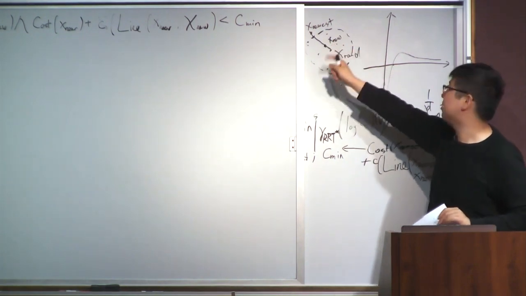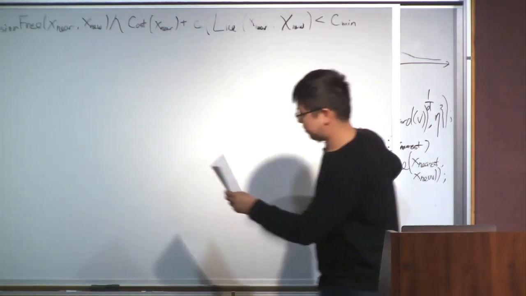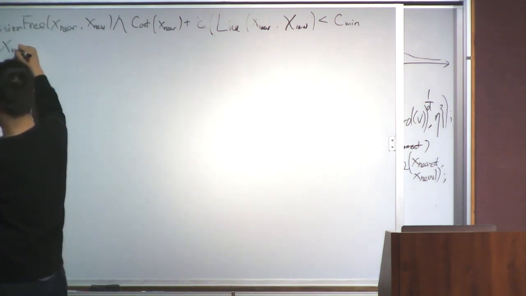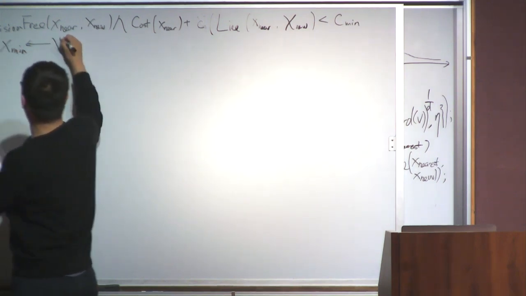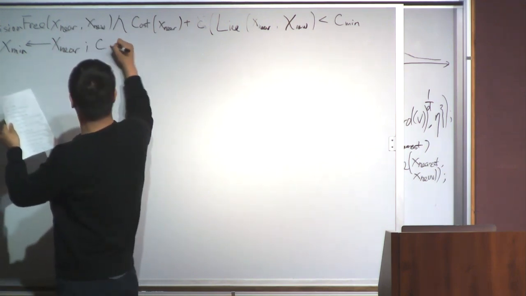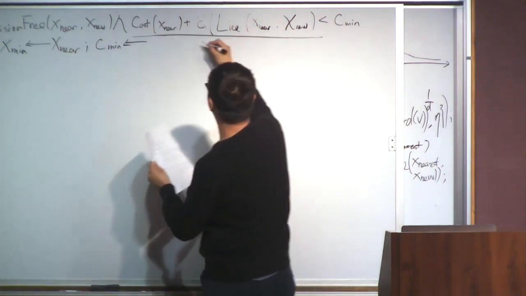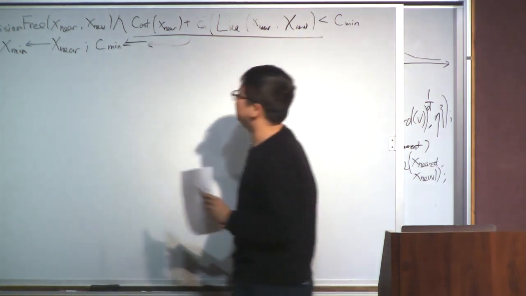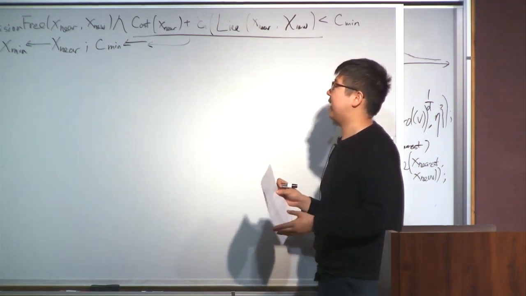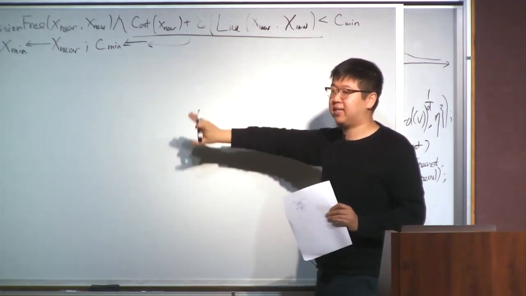So we are now finding something to x new, and if this constraint holds, we do x min is actually x near instead of x nearest, and we do C min is actually this thing. Yeah. So here is something like we update the minimum state and the minimum cost if there is some x near point that is even better than the x nearest neighbor.